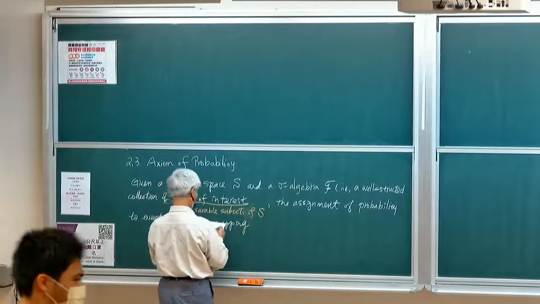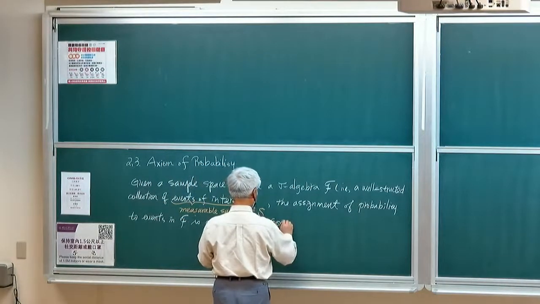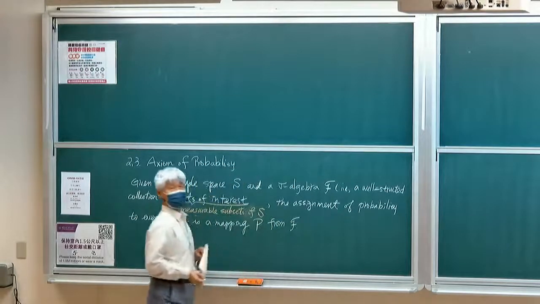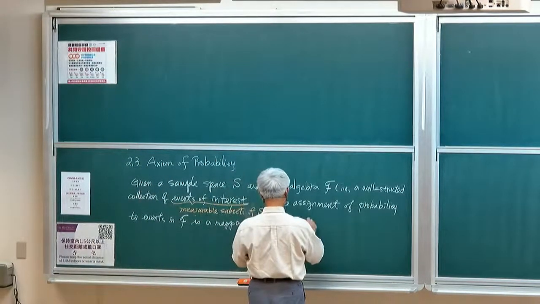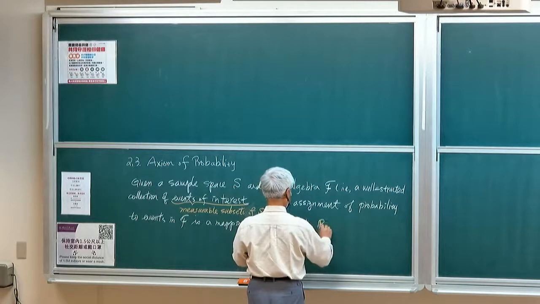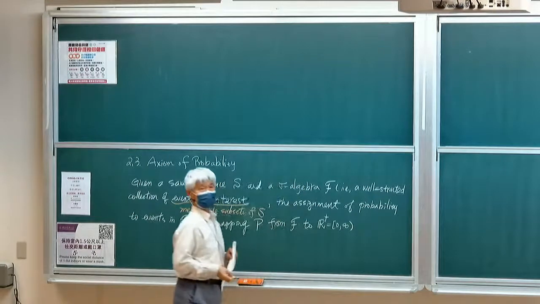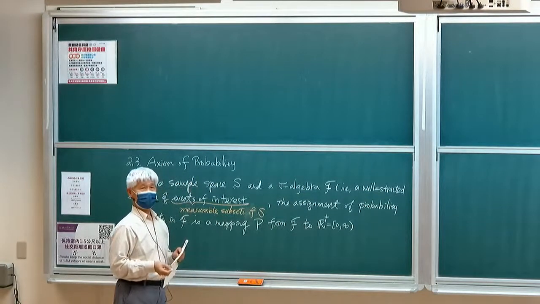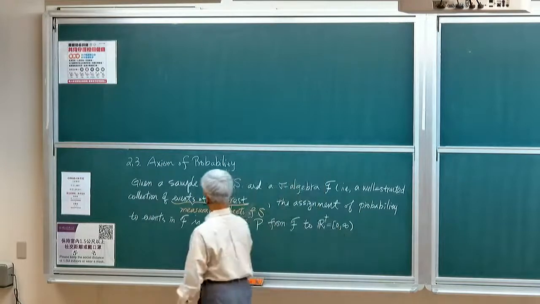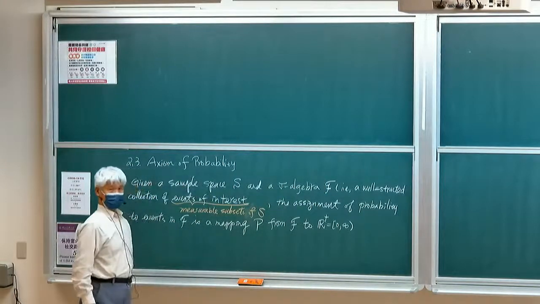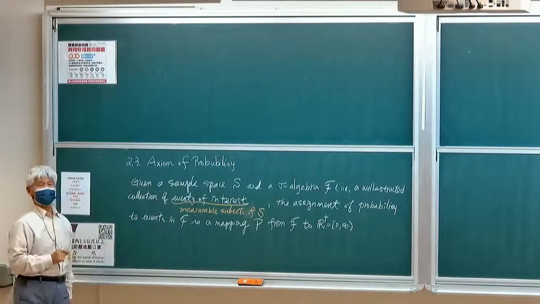All right, we call it P, from the collection of events of interest, the sigma algebra, to the set of all non-negative real numbers. So actually it's a mapping because for each event in F we will assign the probability.